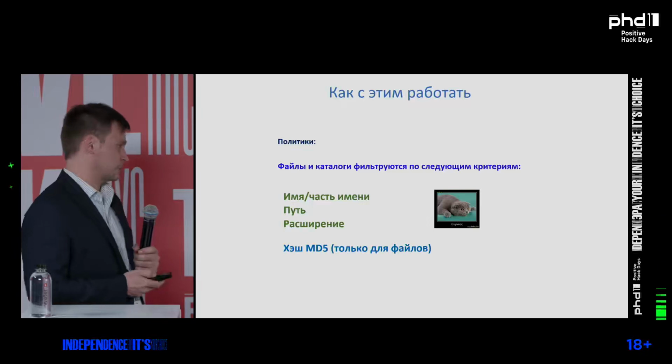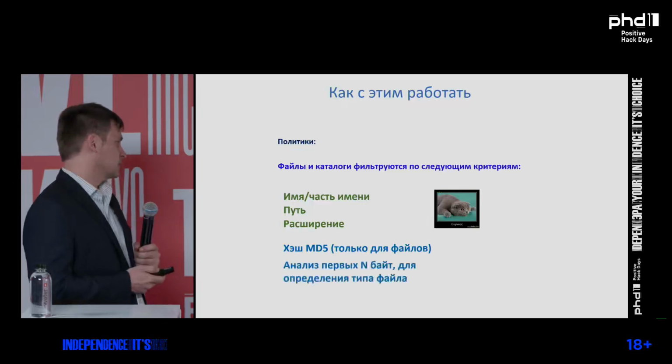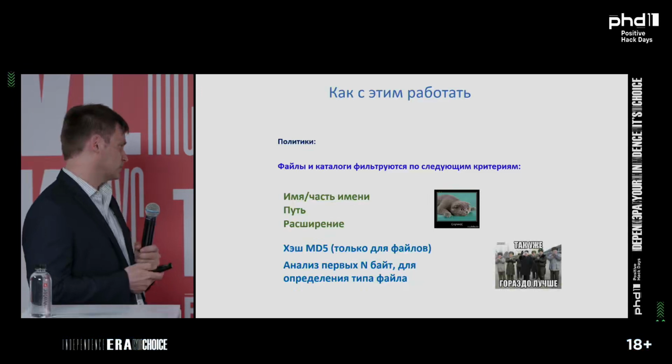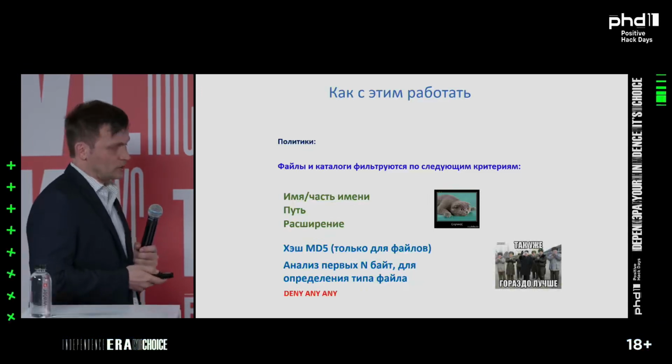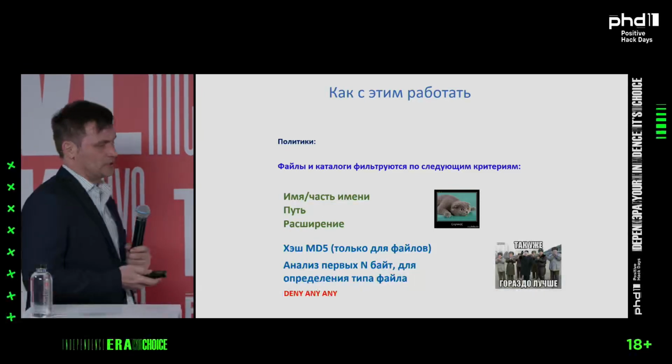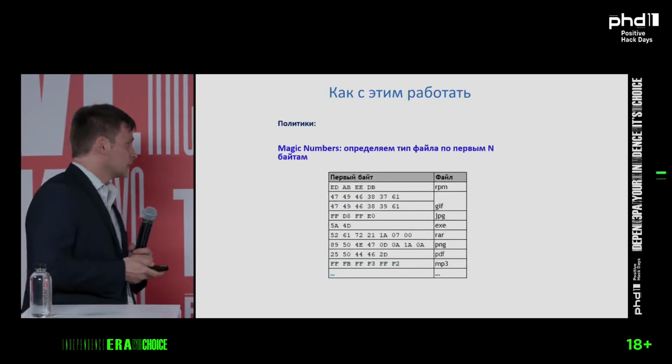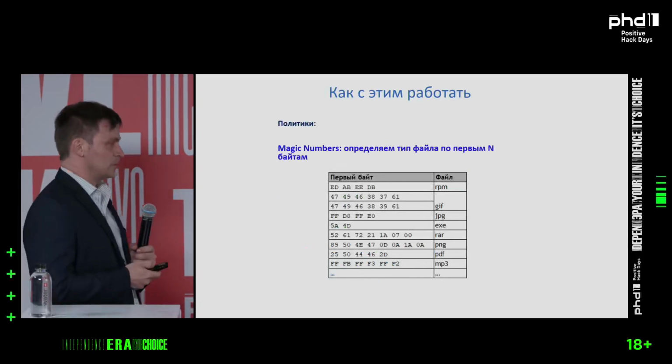But we can also use hash allowances, hash files, and we can analyze the first n bytes to define the type of a file. And if the file doesn't match any of such criteria, it will not be shown on our emulated USB drive.